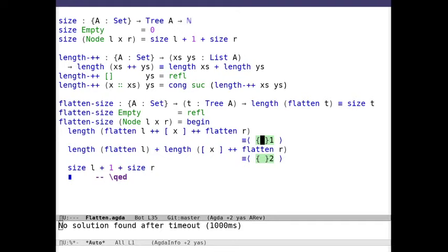However, let's give a proof explicitly, and then we'll talk about how you could do it a little more automatically. So I want to use length plus plus, right? Length plus plus is going to give me exactly the kind of equality I want. But length plus plus needs two lists as arguments. I need to tell it which two lists I'm talking about.